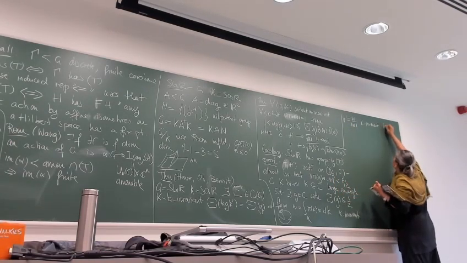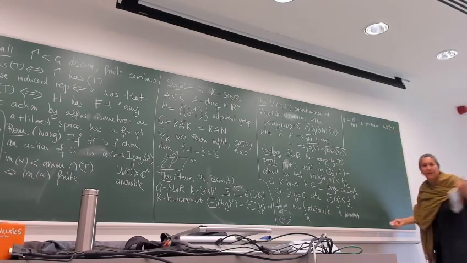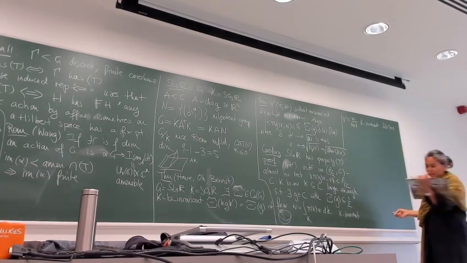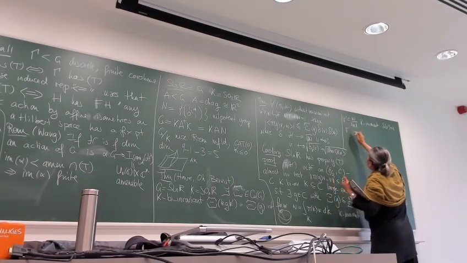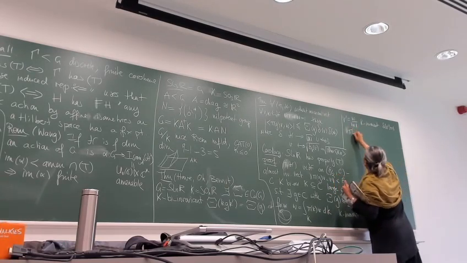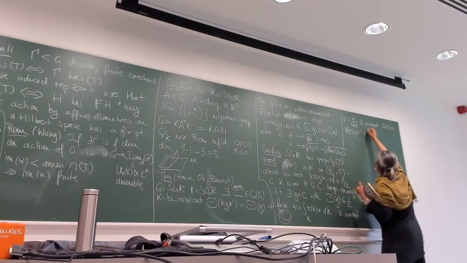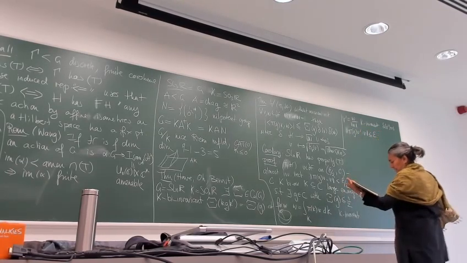So it means that dimension of v prime is 1. It's K invariant, has dimension 1, and it's still almost invariant, meaning that pi g v prime minus v is less than or equal to epsilon.